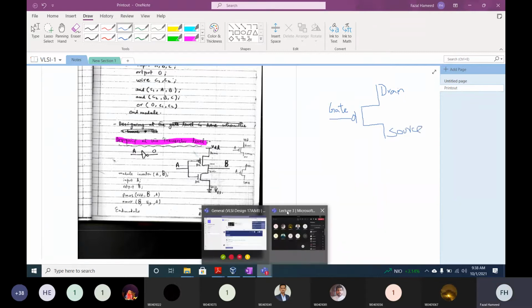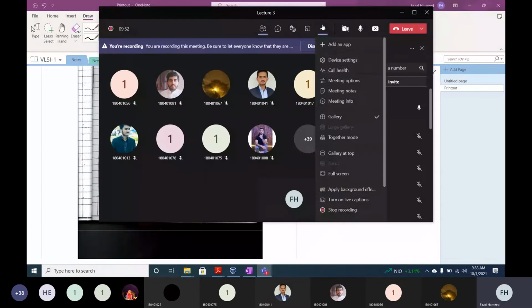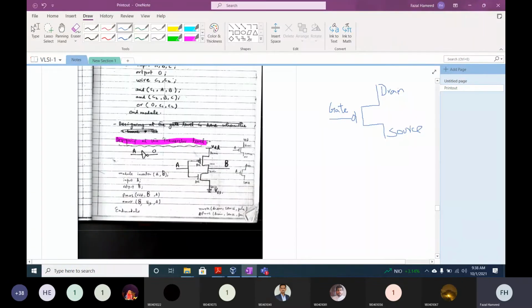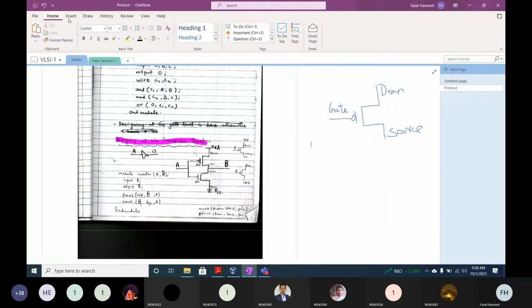This transistor acts as a switch, and this switch is controlled by which terminal?